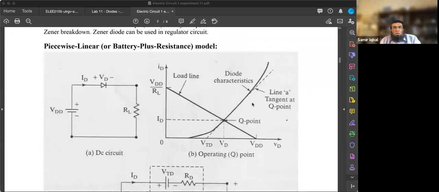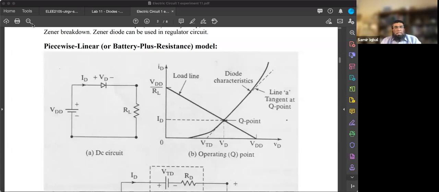When we just look at the model, a DC application would just show a load, the voltage drop across the diode, the current passing through the diode, and the total DC voltage that's applied into the whole circuit. So when you see VDD, that would always mean the voltage source.